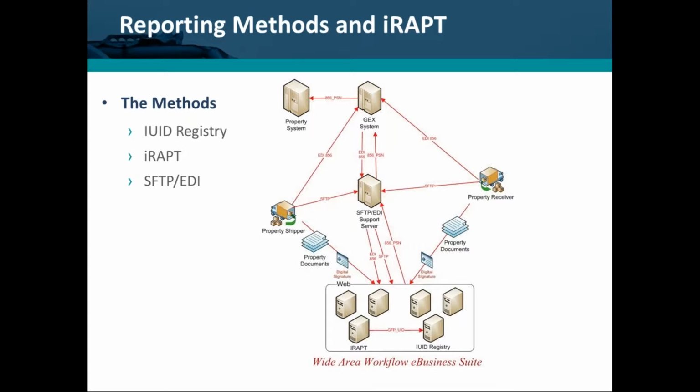The GEC winds up sending the information to iRAPT for processing, and then from iRAPT it will go over to the registry. The objective of the iRAPT electronic data exchange inbound interfaces is to provide contractors and the government entities the capability of submitting various types of documents to the iRAPT system using EDI transaction sets.